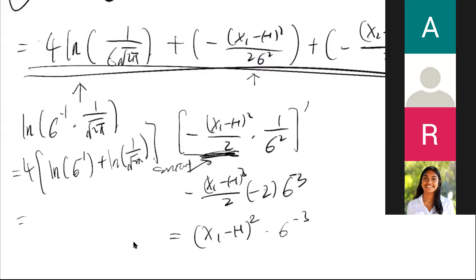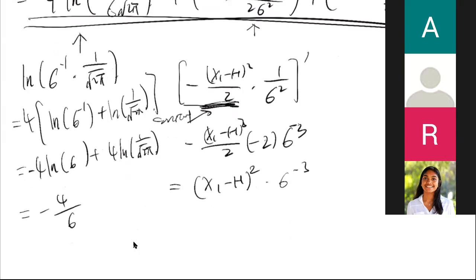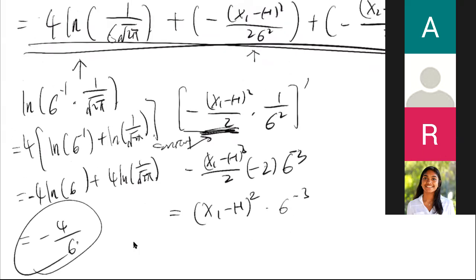Remember, we can get the negative 1 out, plus 4 times ln of 1 over the square root of 2 pi. If we take the derivative with respect to sigma here, that's just negative 4 over sigma. So that's the derivative for the first term.